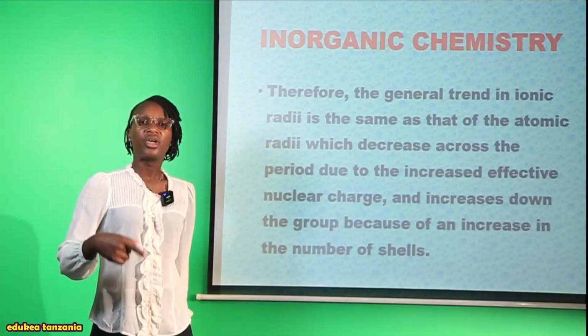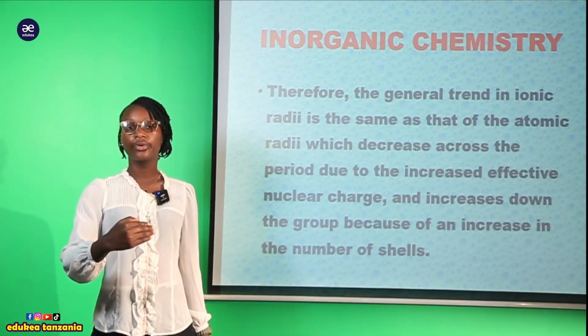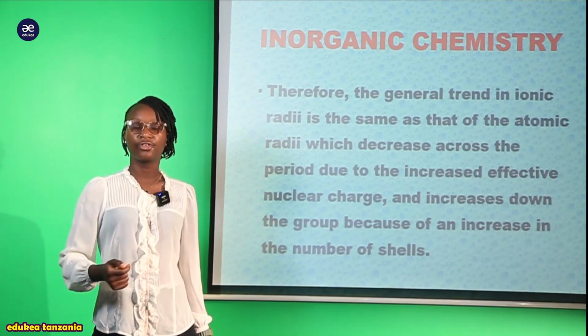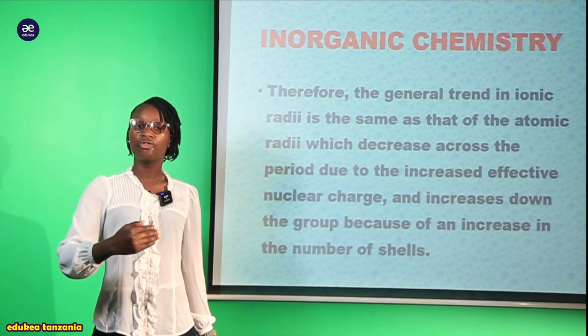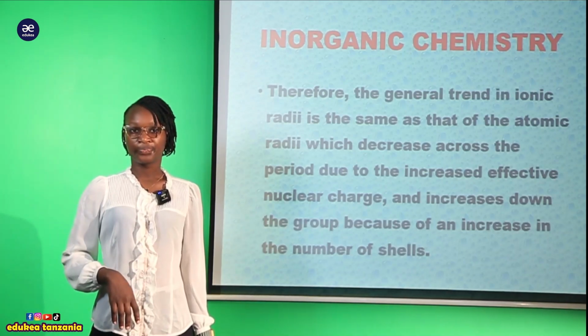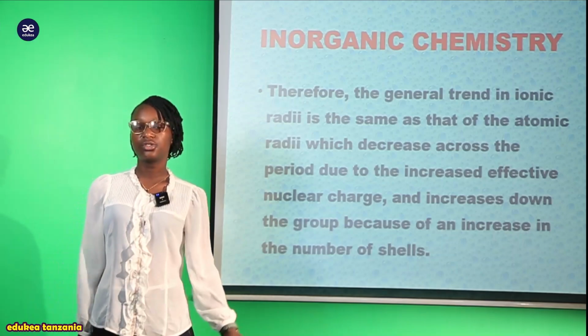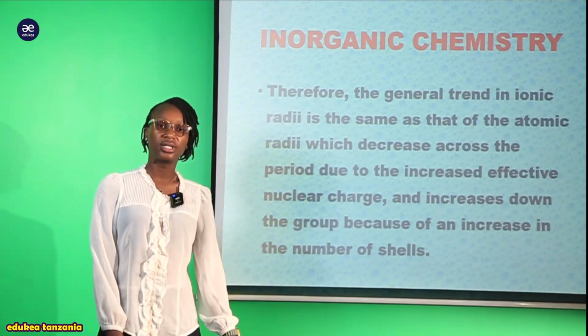Why increase? Because there is an increase in the number of shells. As we go down, we move from one period to another period. Therefore utakuwa na shell ya kwanza, ya pili, ya tatu, ya nne na kuendelea as you move down the group. That's why you can see that down the group the ionic radii tend to increase, while across the period the ionic radii tend to decrease.